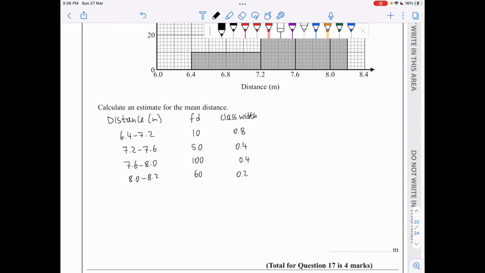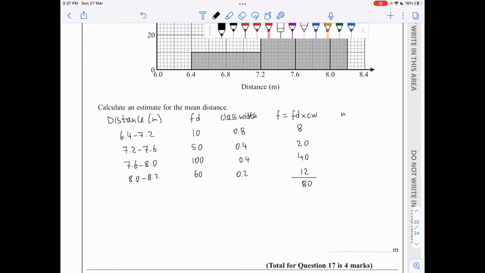So the frequency now is simply the frequency density times the class width. So 10 times 0.8, which is 8, 50 times 0.4, which is 20, 100 times 0.4, which is 40, 60 times 0.2, which is 12, a total of 80.